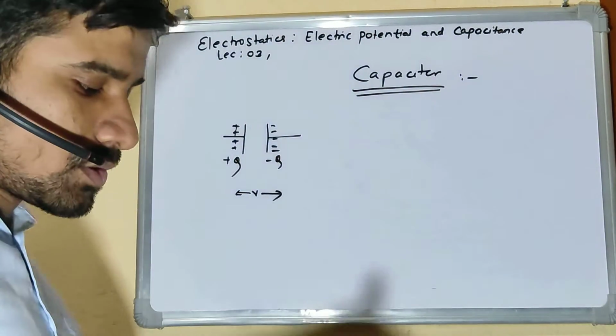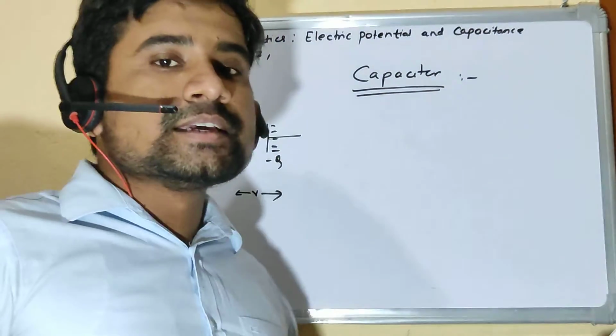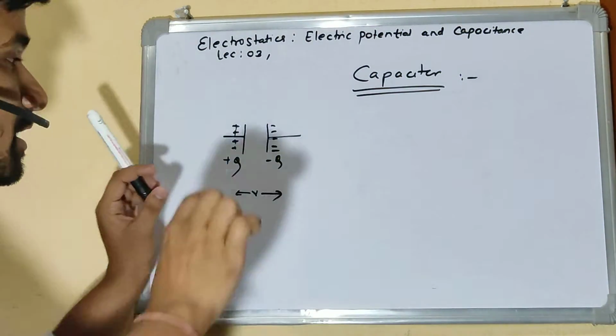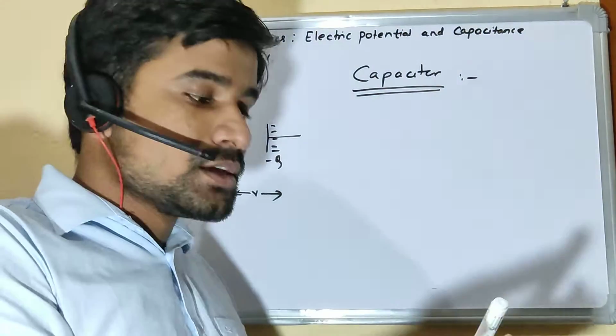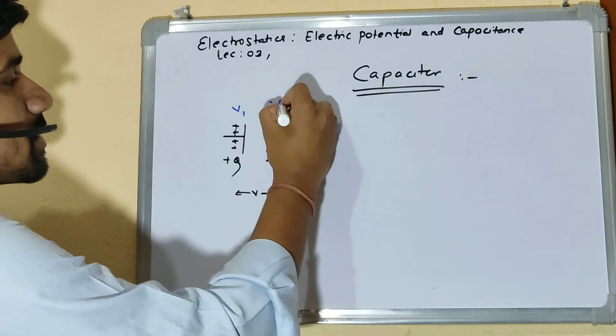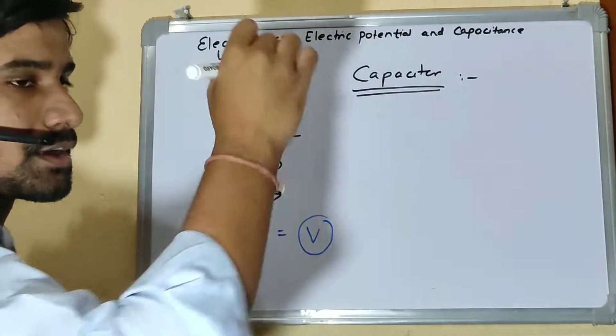Now the charge accumulated on the plate of a capacitor is proportional to the potential difference. I'm talking about the potential difference, not the potential of one plate. If this plate has potential V1 and this has potential V2, I'm talking about V1 minus V2, which is this potential difference V.